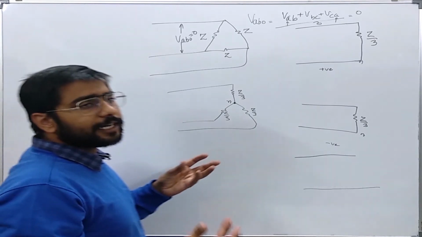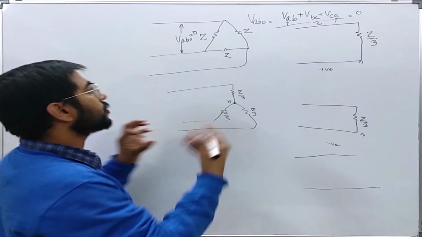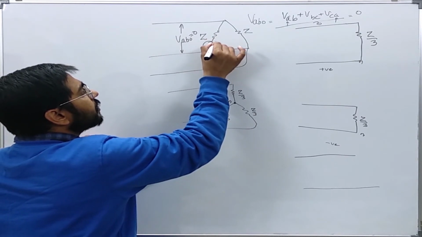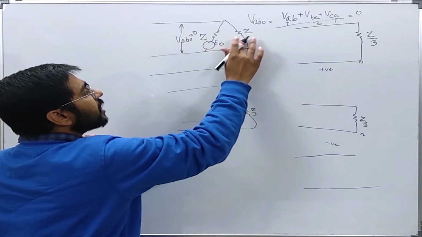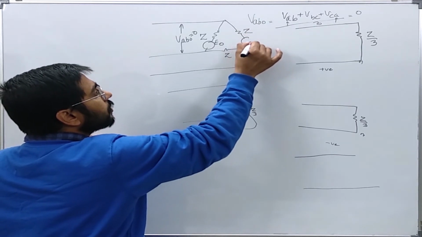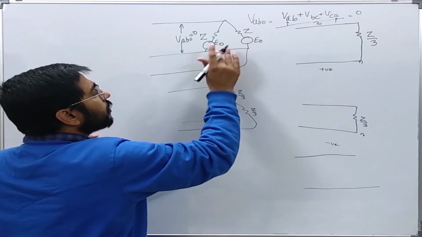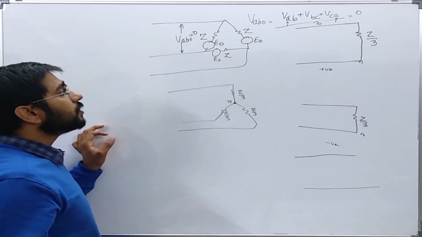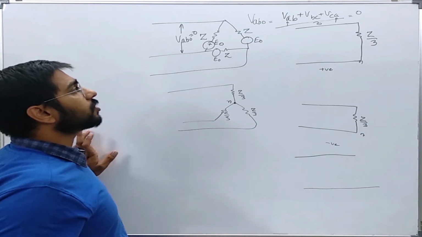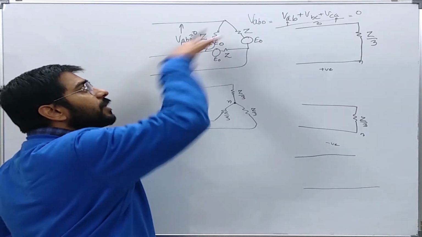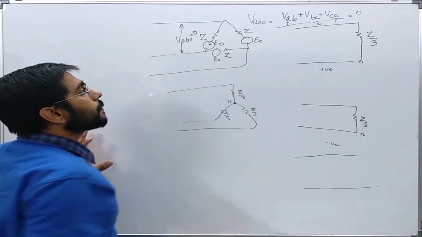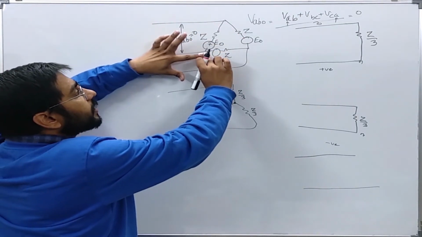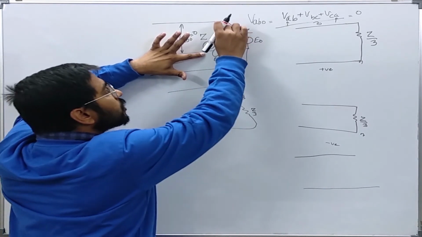Okay, so let us say somehow I have put a source in this delta which is generating zero sequence voltage. Similarly, I have put here also and here also. So this voltage source will try to create some current. Now, clearly there cannot be any zero sequence voltage drop between this point and this point.